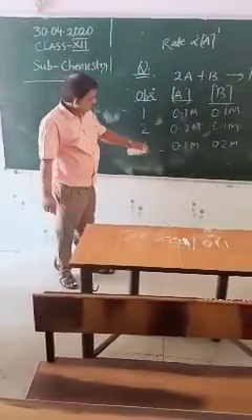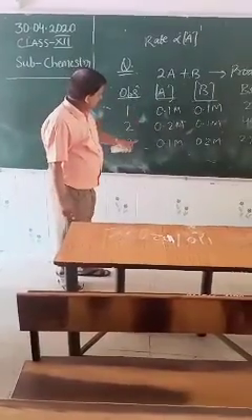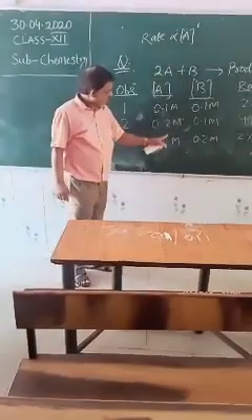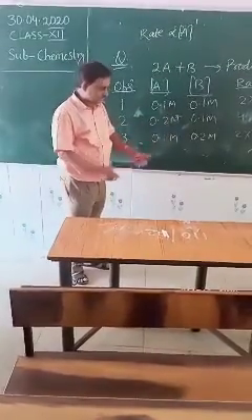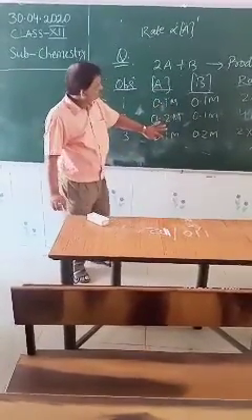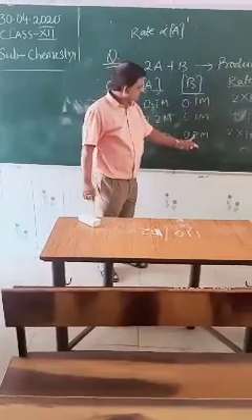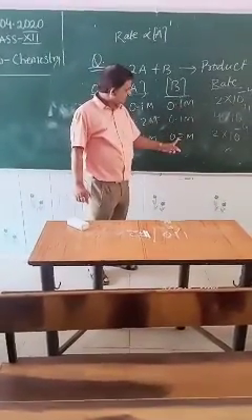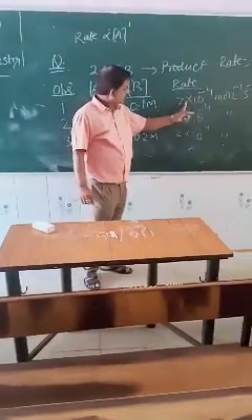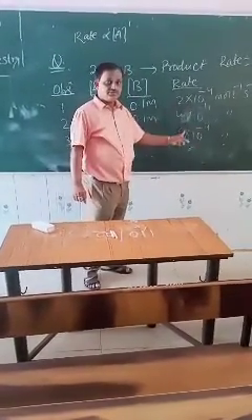Now from observations 1 and 3, you see concentration of A remains the same, so any change is not due to A. Concentration of B is doubled, but you see the rate does not change.